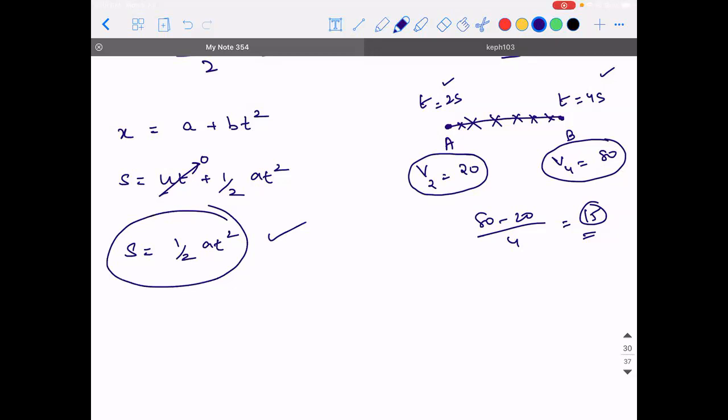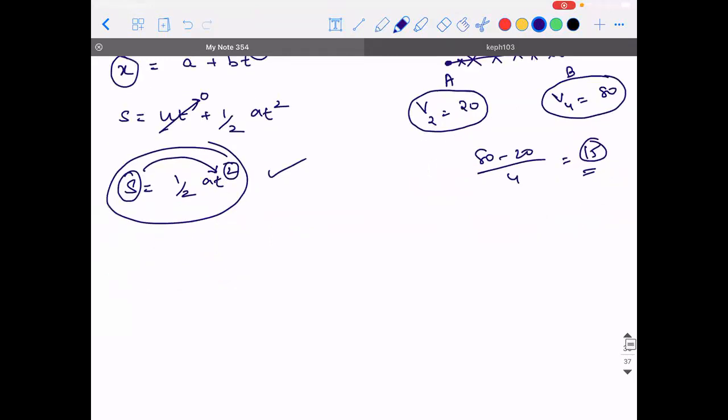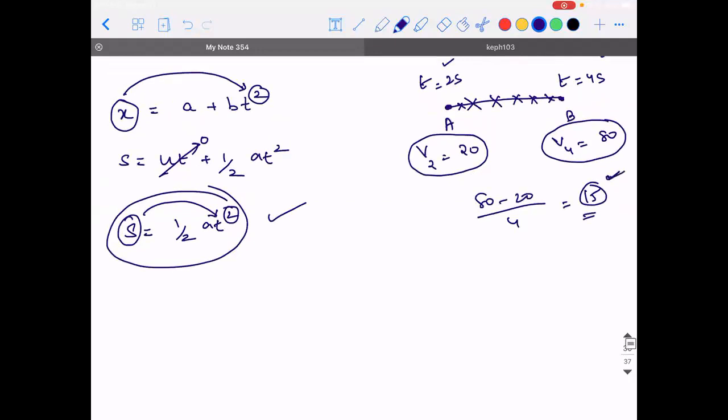So if the displacement is dependent on time as a function of t square, you can say that the object is in constant acceleration. Here also the displacement is a function of t square, and that is the reason I concluded it is under constant acceleration, and why your answer was right. When you plot it on a graph sheet, the velocity will be linear, and that is why your slope came out to be the same value.